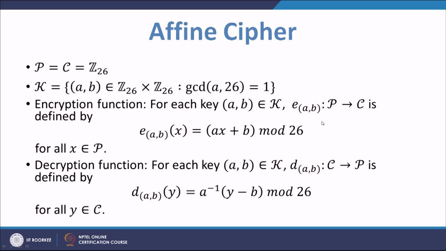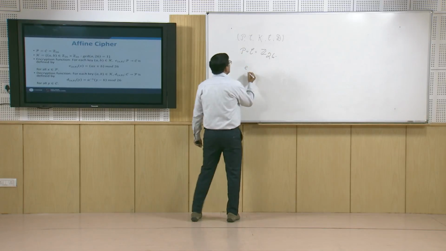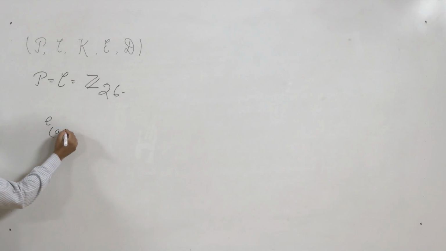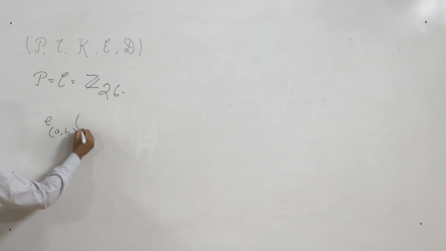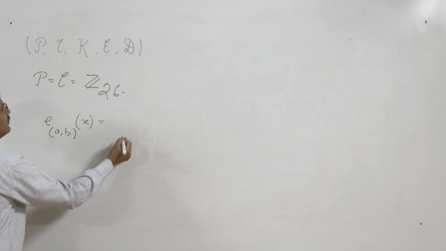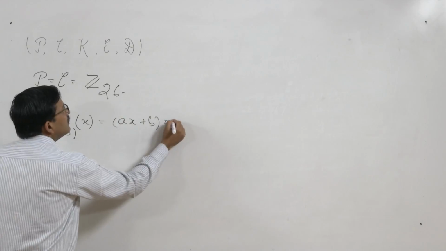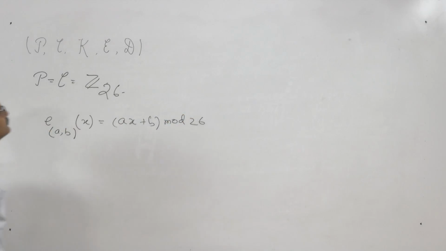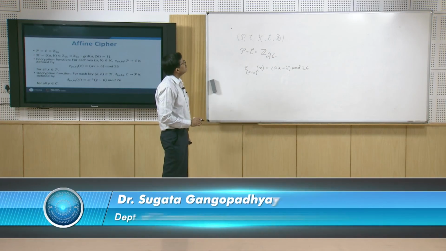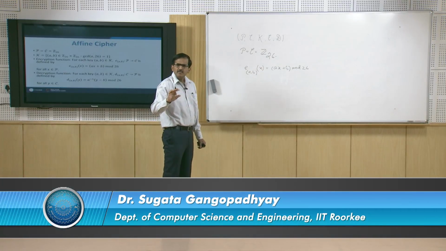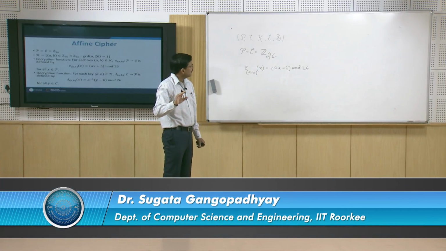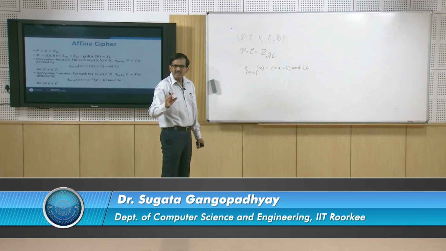Let us just have an idea of the decryption function, but for that we can try to derive it. E sub a b of x is equal to a x plus b mod 26. Now, we change the notation a little.